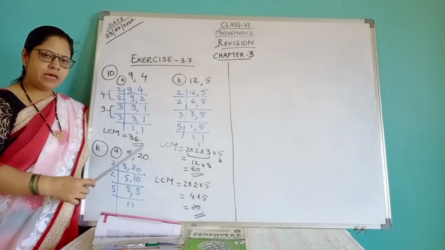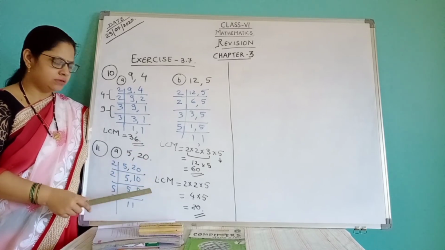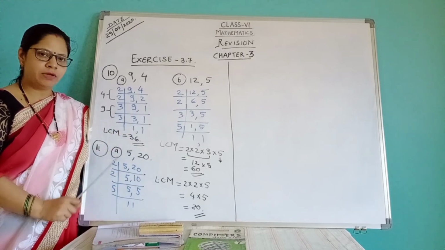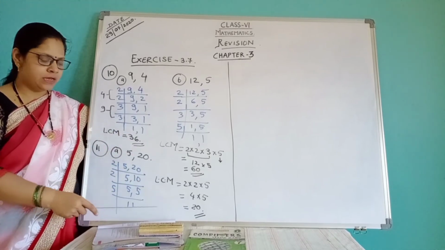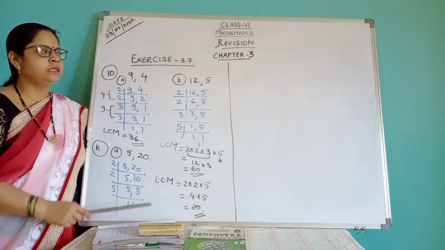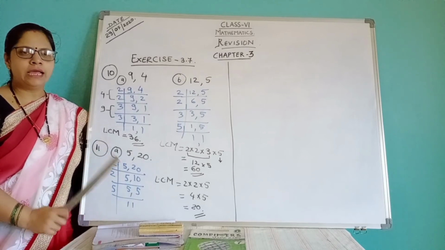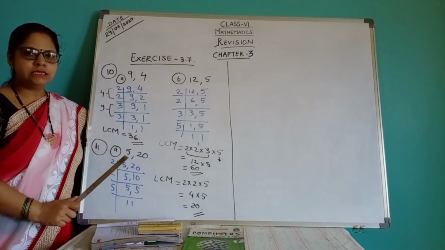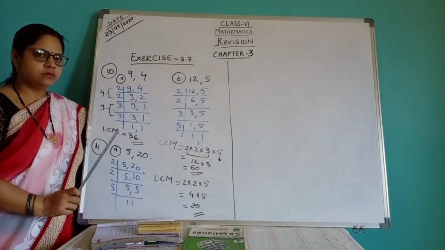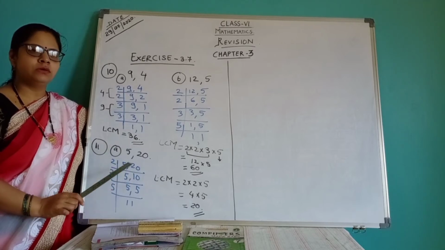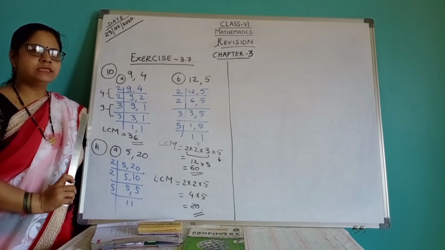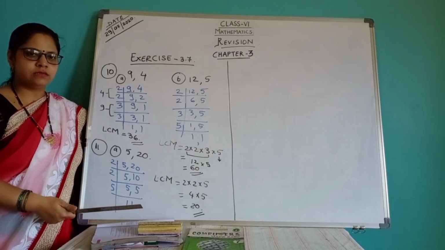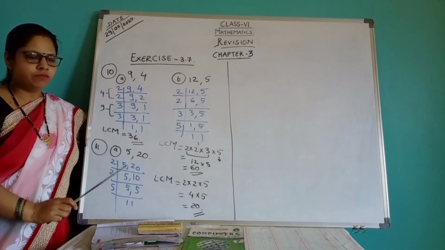And if a third number is also there, then the greatest number will be the answer of LCM. Or otherwise, as we have seen in a previous question and as I told in the beginning, the LCM will be greater than or equal to the numbers given, and the HCF will be smaller than or equal to the numbers given.